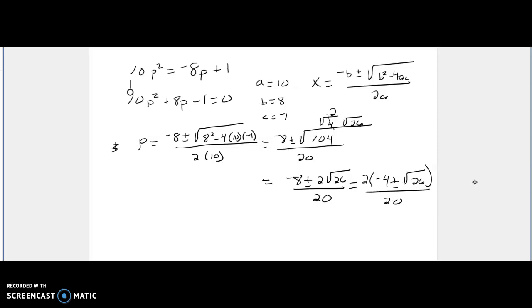I just took a 2 out of both of those terms. And now hopefully we can see I can cancel the 20 and the 2, and I'm left with p equaling negative 4 plus or minus radical 26 all over 10, and that is our solution.